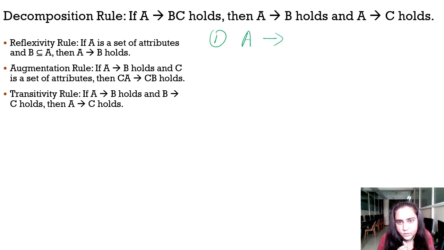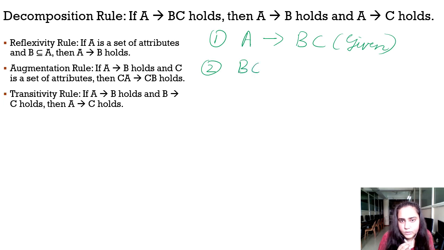So A determines BC is given to me and I'm just repeating it. Now in the second step, I'm going to write down something which is quite common. That is, I'm going to write down BC determines B. Now where did this rule come from, you'll ask me, because it's not given.